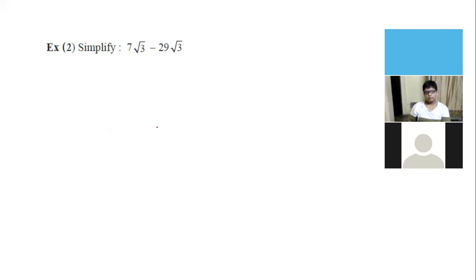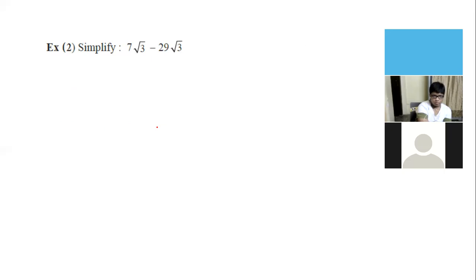Okay. How about this? Exactly the same thing, but here we will do subtraction. So how to do this? As the radicand is the same, we'll just do 7 minus 29. So how much is that? 22.